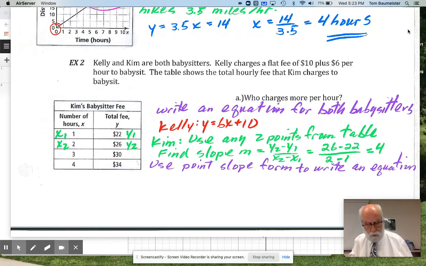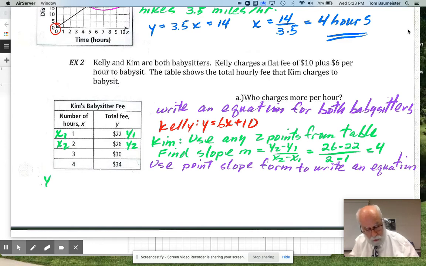All right. So the slope form is going to be again y minus y1 is equal to our slope we just said was 4, and it's going to be times x minus x1.